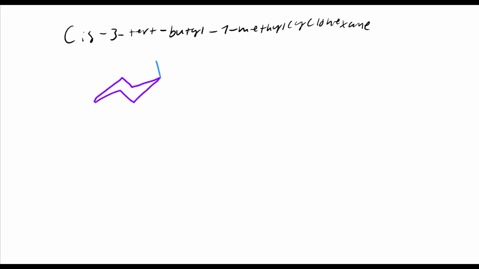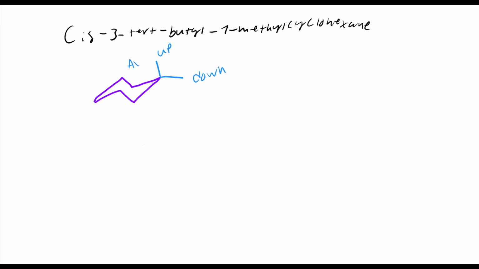And then this would be downwards. So up, and this is down. Also, this is axial. And this is going to be equatorial, because it's just straight out. It's not going upwards. It's just equatorial.